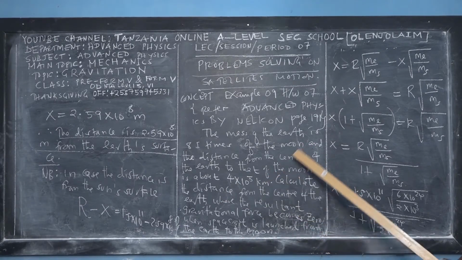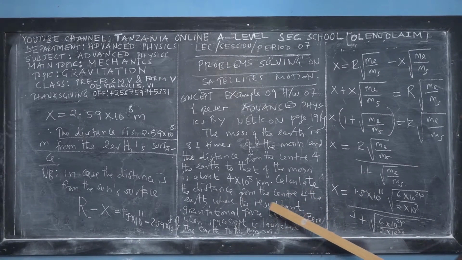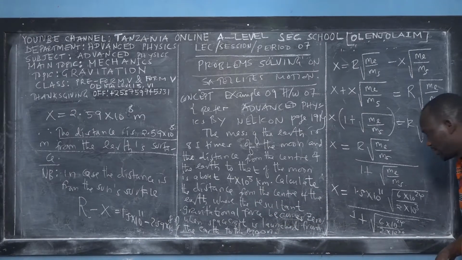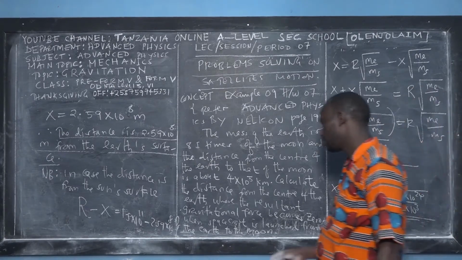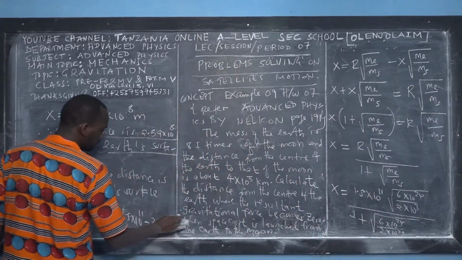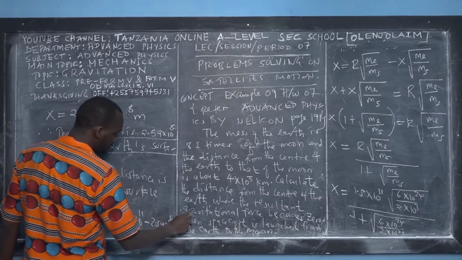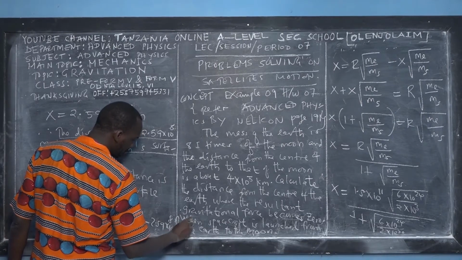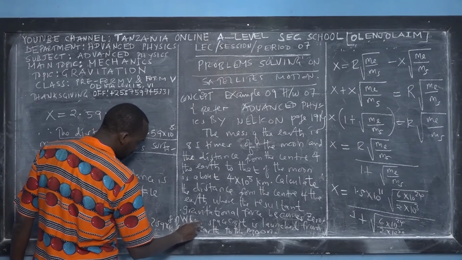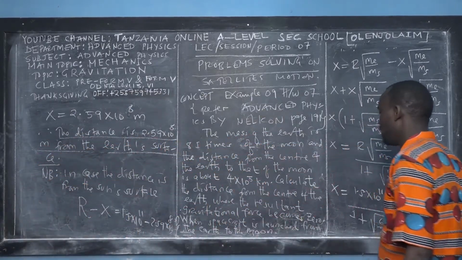Calculate the distance from the center of the Earth where the resultant gravitational force becomes 0 when a spacecraft is launched from the Earth to the moon.